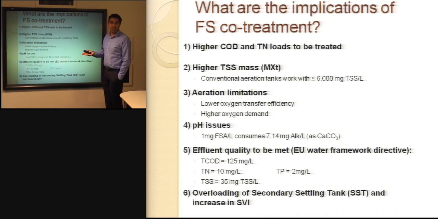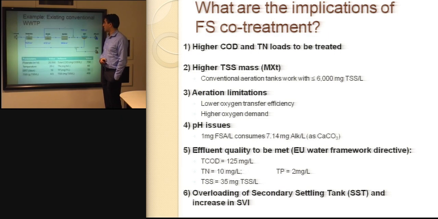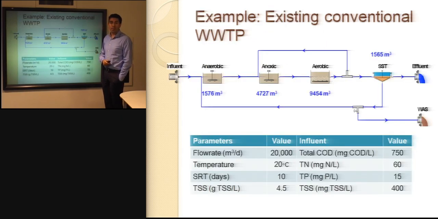In the coming slides, we're going to look at one example that will be used to show in a more quantitative way how these characteristics affect, in this case, an aerobic wastewater treatment plant, an activated sludge plant.